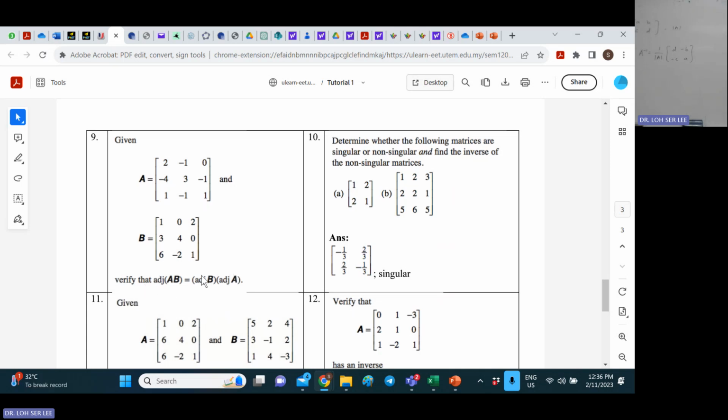On the other hand, you find the adjoint of A and the adjoint of B separately. Then multiply the matrix of adjoint B by the matrix of adjoint A. You have to follow the sequence. Then you will see that the output is the same as this. This is how we get the answer.